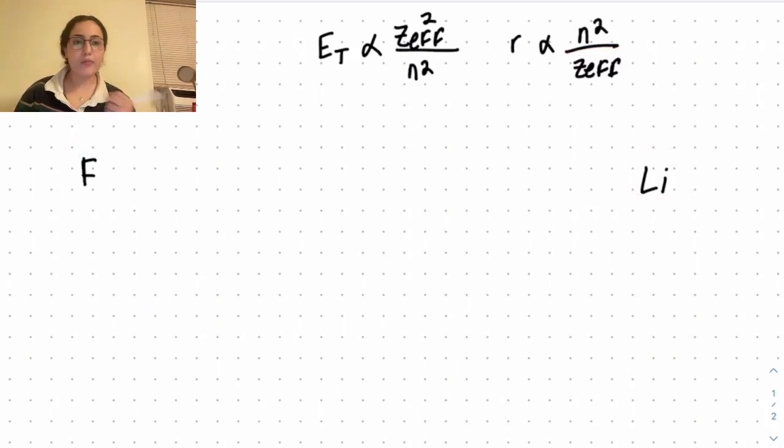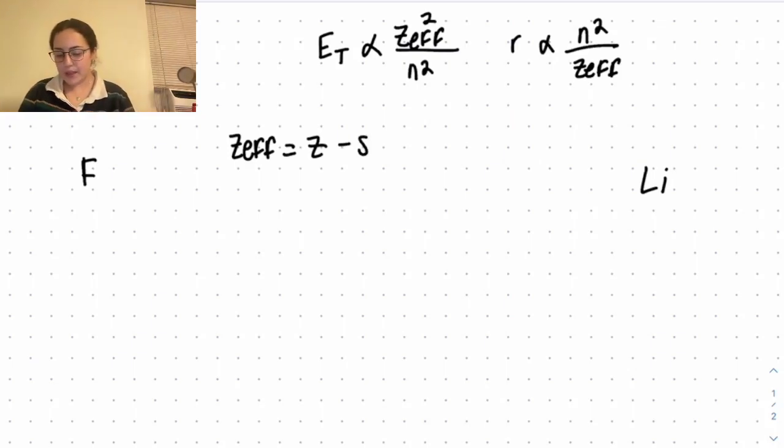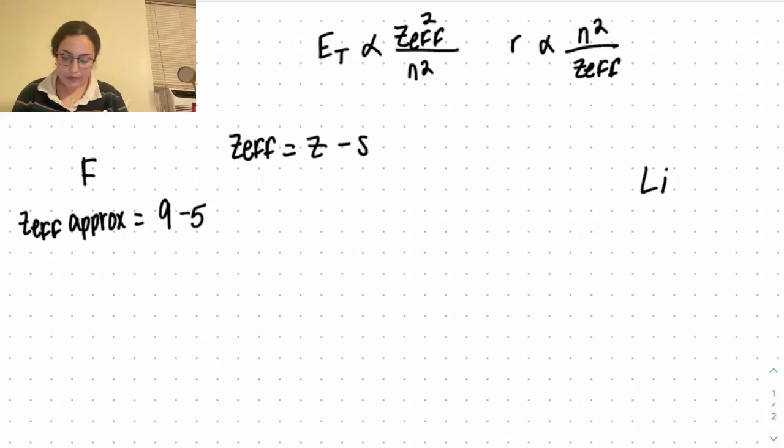We can remember from the previous video that Z effective equals Z, the protons, minus S in perfect shielding. So for fluorine, the approximate Z effective is 9 minus 5, which gives us around 4.